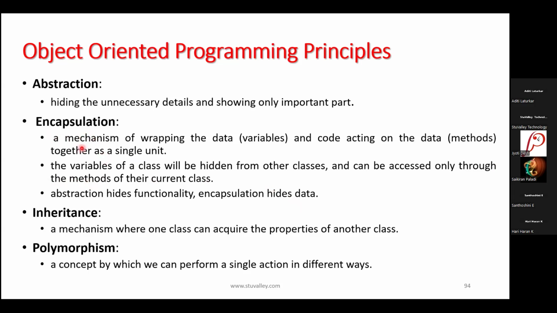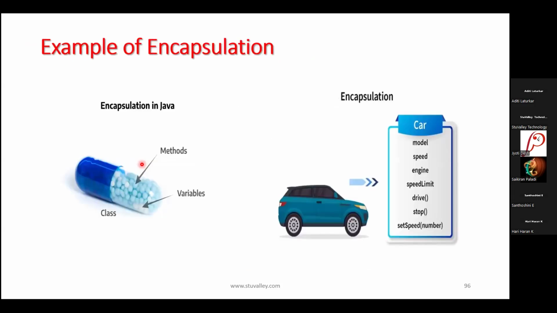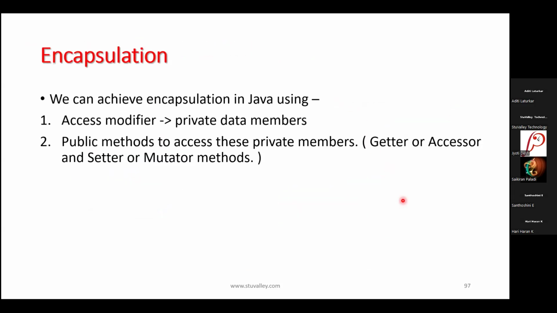This encapsulation part we are going to learn in the next module. We can achieve encapsulation in Java using access modifiers, that is, private data members and public methods to access these private members. So practically we are going to learn this in the next module.